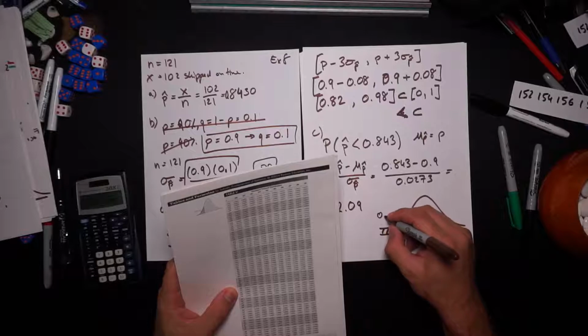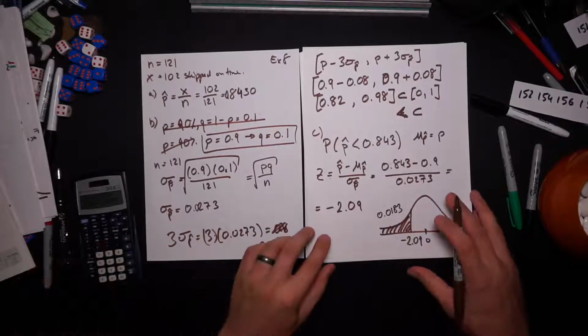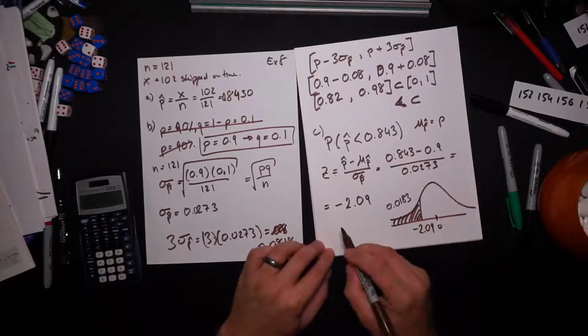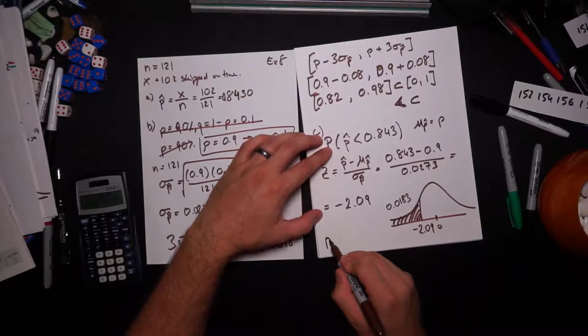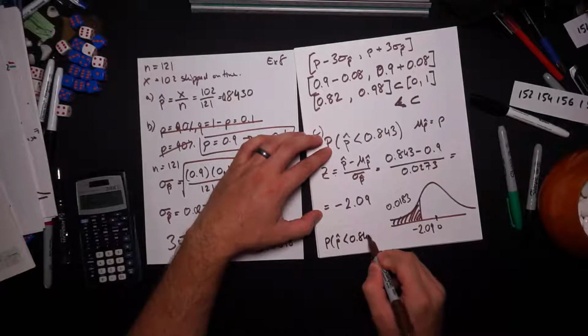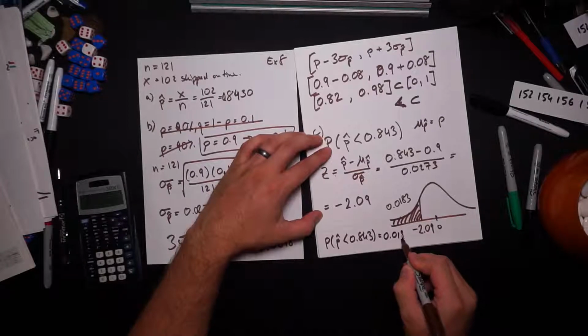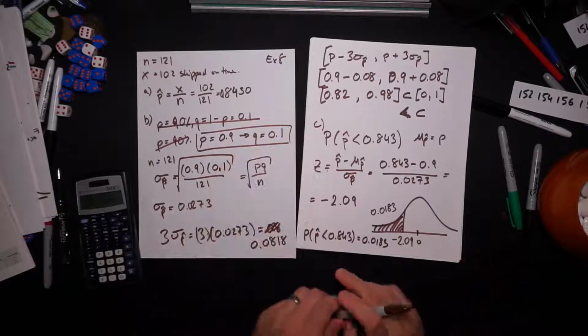It's 0.0183. So the probability for P hat smaller than 0.843 is 0.0183. So 1.8%.